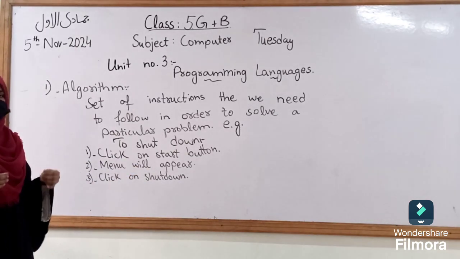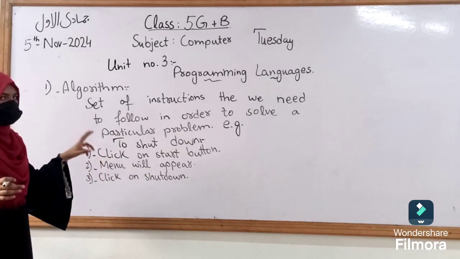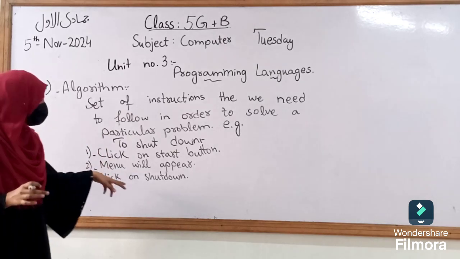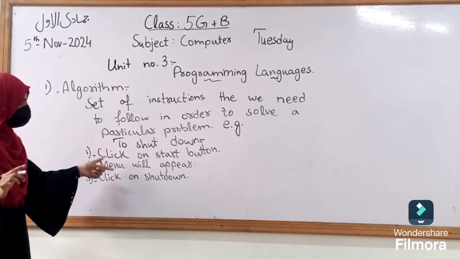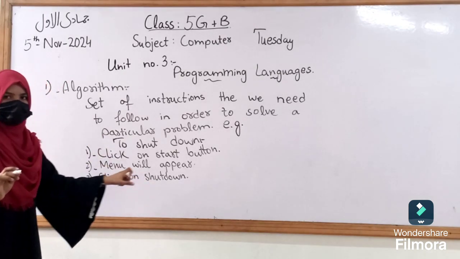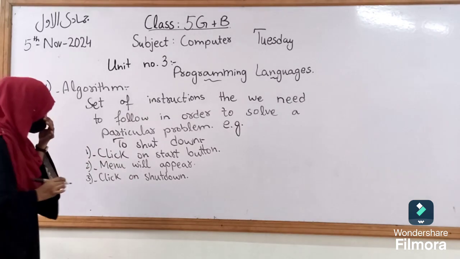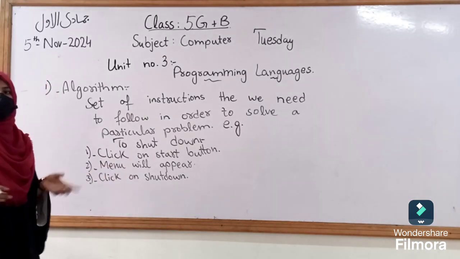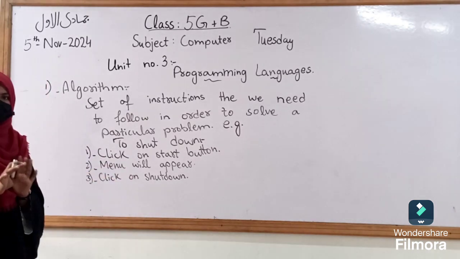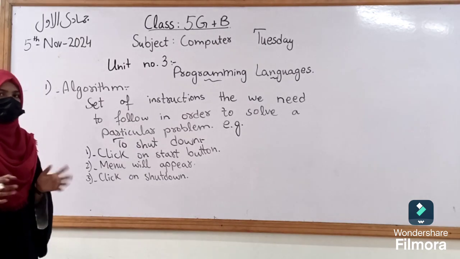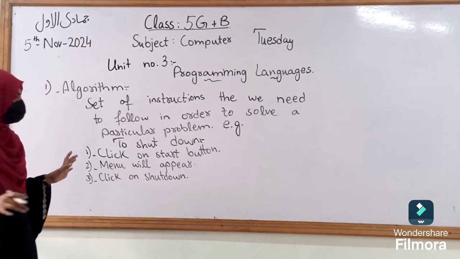On that menu, you need to see where is the shutdown button. Then you need to click on the shutdown button. The computer will ask you if you actually want to shut down the computer, and you need to say yes. Then your computer will be switched off.